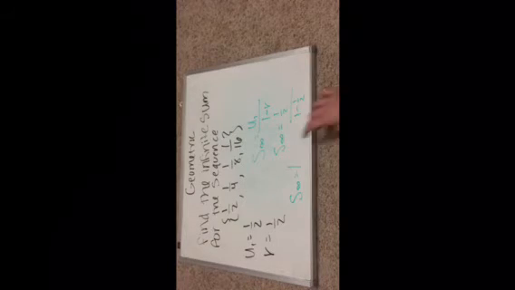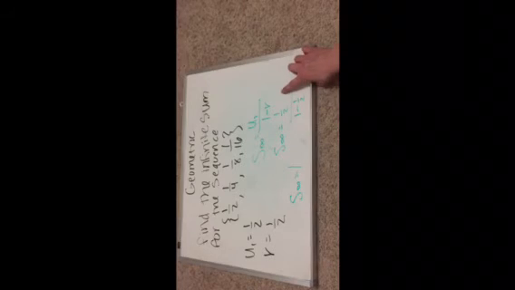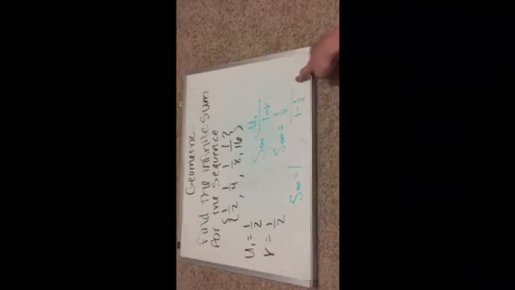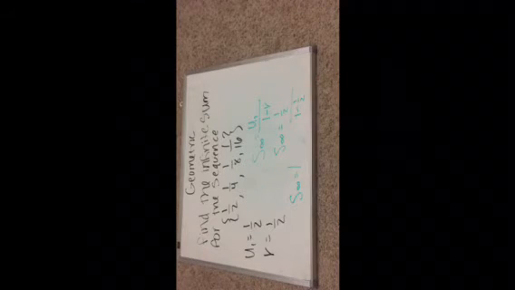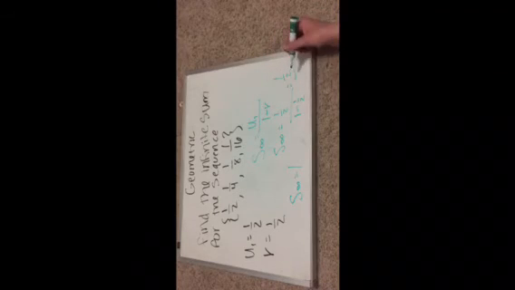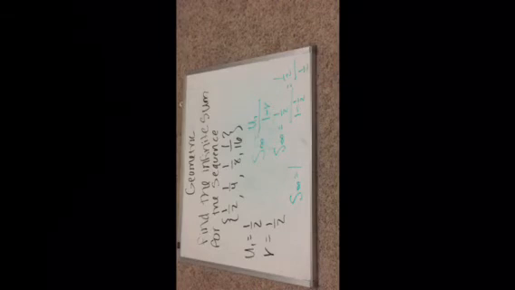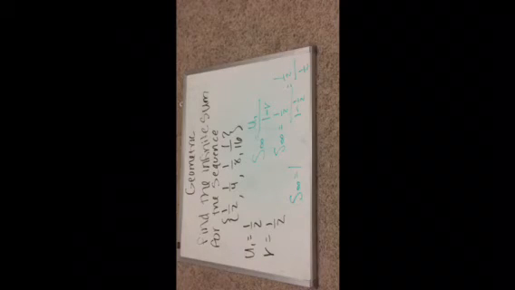So now in this case, the sum of infinity equals 1/2, the first term, over 1 minus our common ratio, which is 1/2. And then if you simplify that out, it would be 1/2 over 1 minus a half, which is 1/2 again, which just equals 1. So the infinite sum of this geometric sequence is 1, exactly 1.